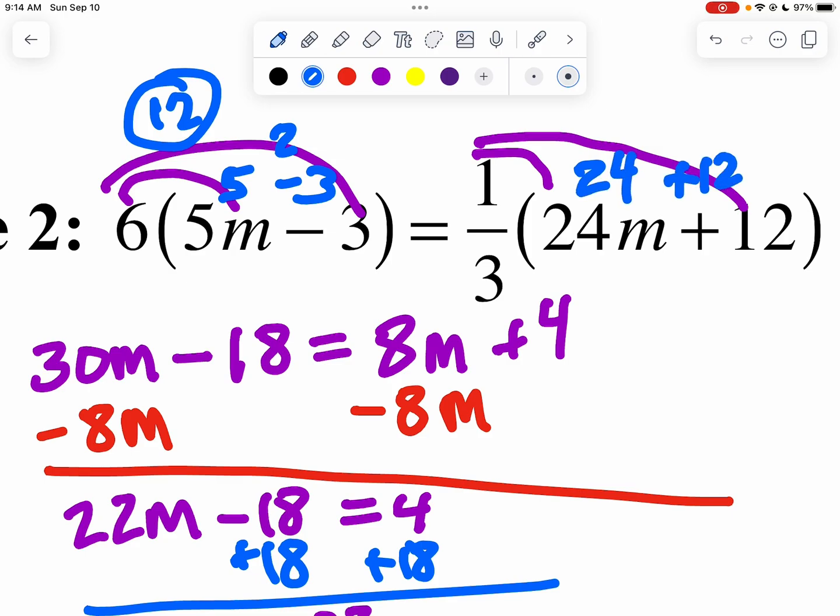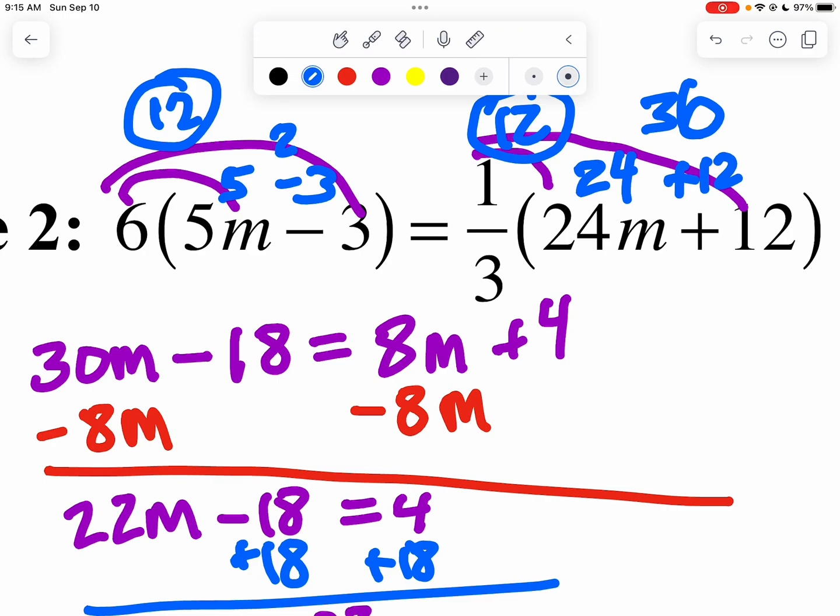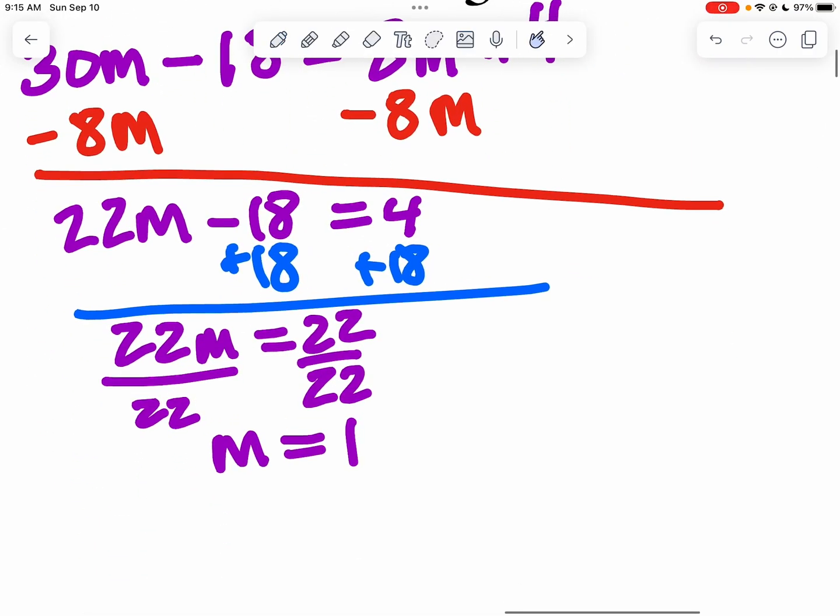Plus 12 is 36. And need the undo here. Can't write. 36 divided by 3 is 12. So I get 12 on both sides. So I know that's correct because I've checked it myself, and my answer is 1.